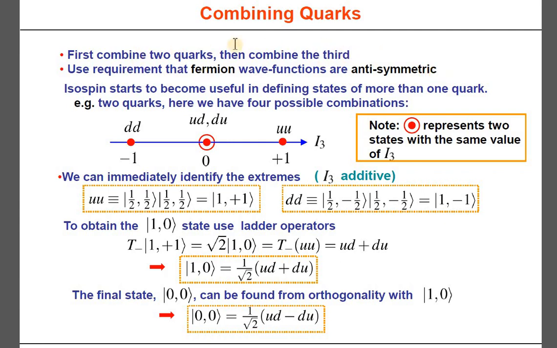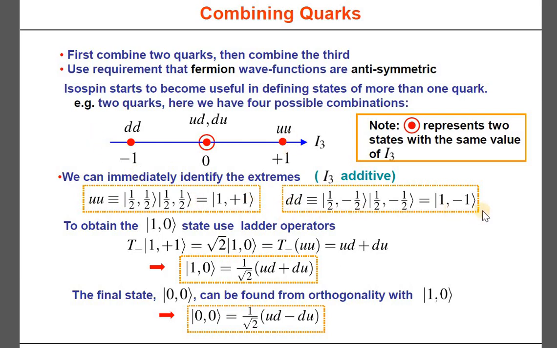So these are the basic ideas. Here I have done the simple mathematics. Note that this symbol represents two states with the same value of I3. This means there are two states, ud and du. And we can immediately identify the extremes, uu and dd.